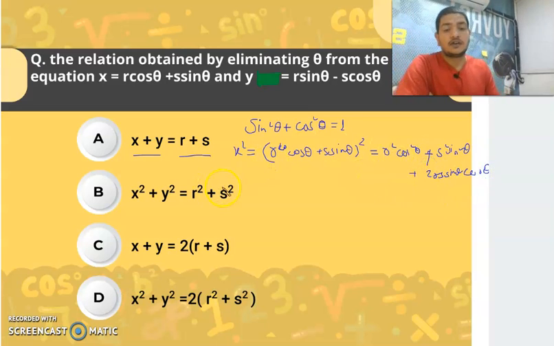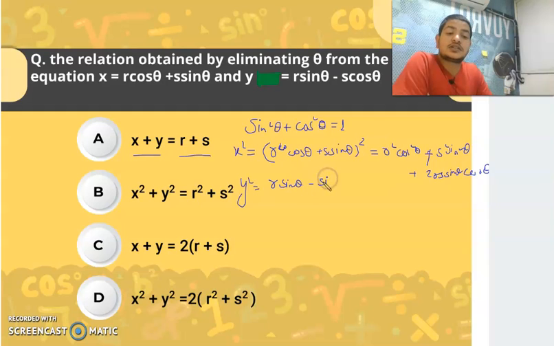Now y square is nothing but what? y square is r sin theta minus s cos theta, whole square. We can write it as r square sin square theta plus s square cos square theta minus 2rs sin theta cos theta.